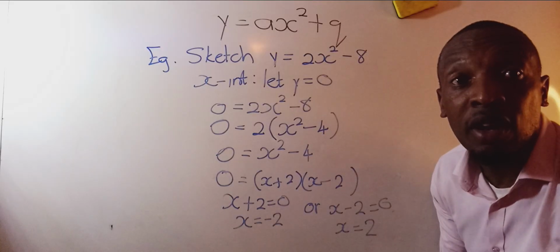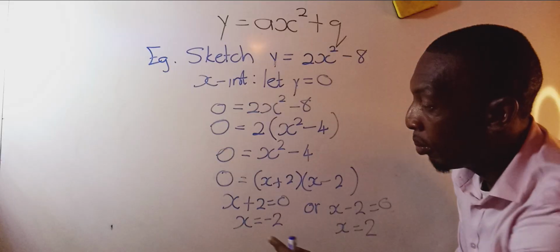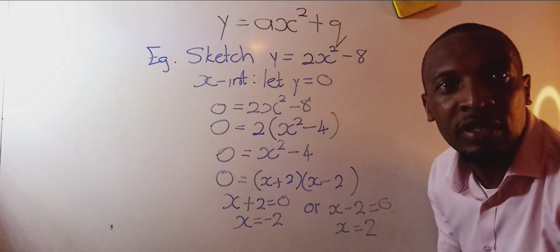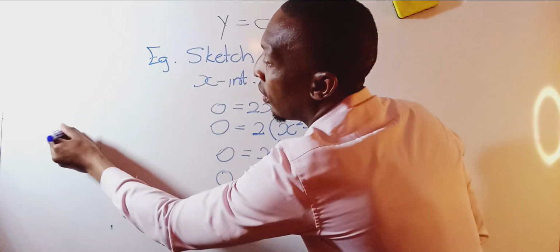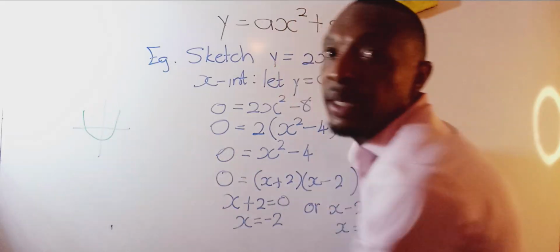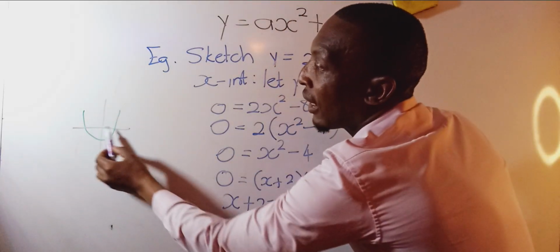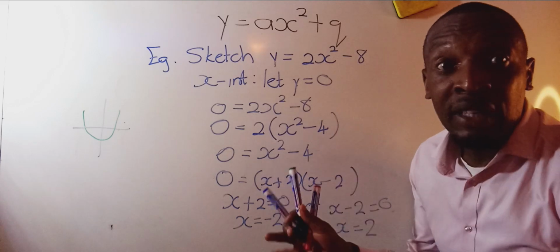So it means that my graph cuts the x-axis at 2 places, -2 and +2, which makes sense, okay? Because it's a smile, right? So it will cut at 2 places. Okay, so we're now ready to sketch.